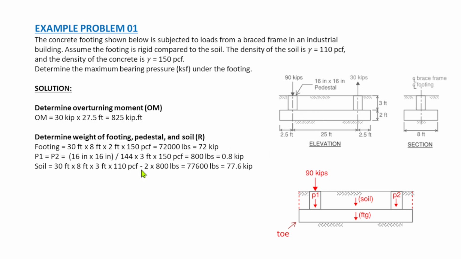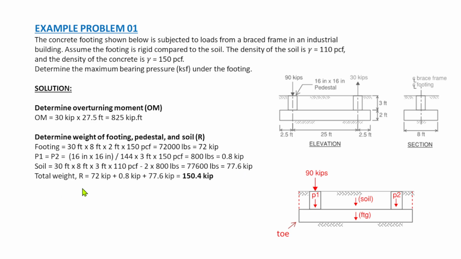We will deduct the pedestals, because their volume has already been accounted for: 2 pedestals times 800 pounds each. The result is 77,600 pounds, or 77.6 kips. So that is the weight of the soil.